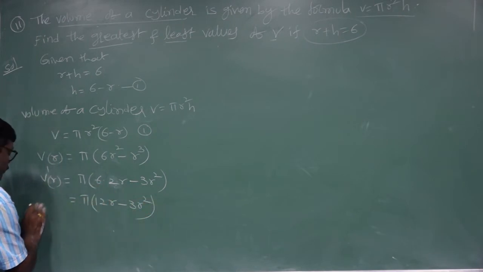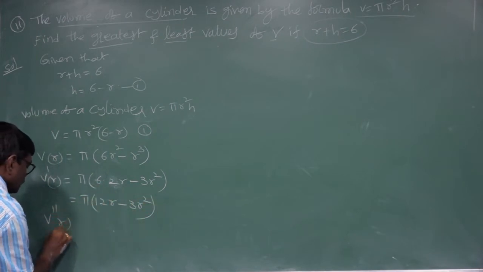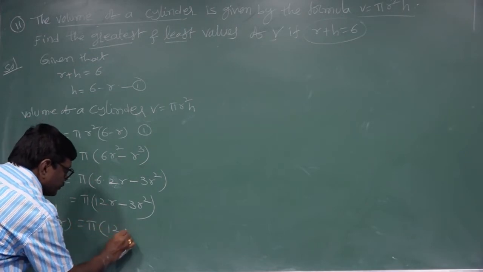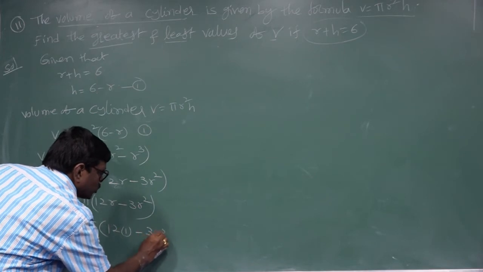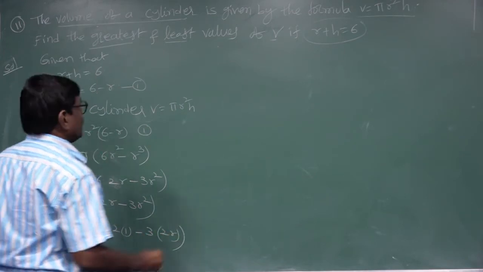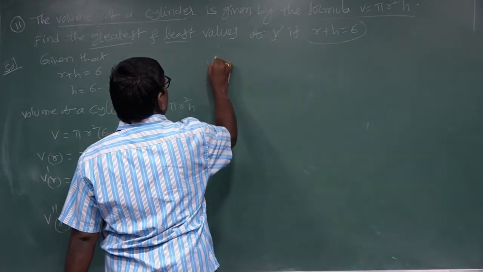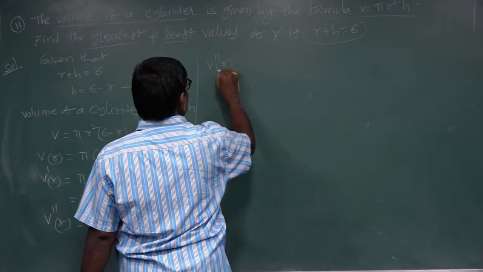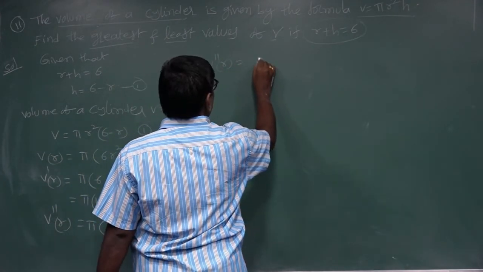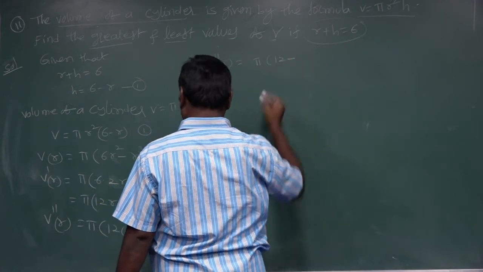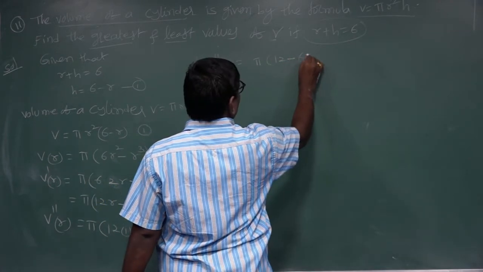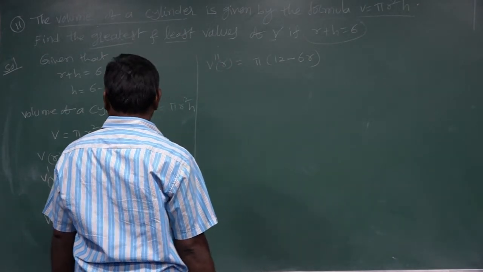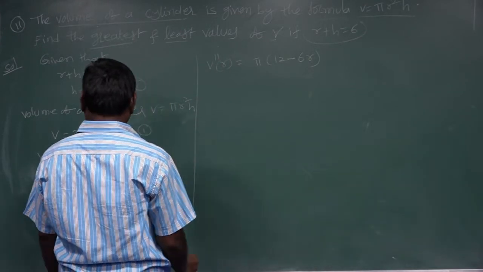Again, V double dash r equals pi into 12 minus 6r.